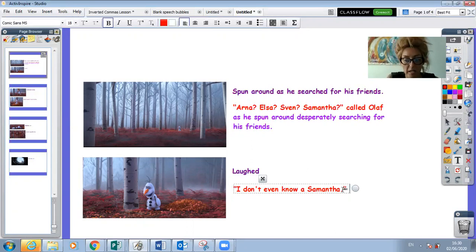And then he laughed, so I'm just going to put laughed, Olaf. And the laugh is what he did. So I'm doing that in purple just to make it clearer for you to understand. Can you see I've got red speech and purple actions.